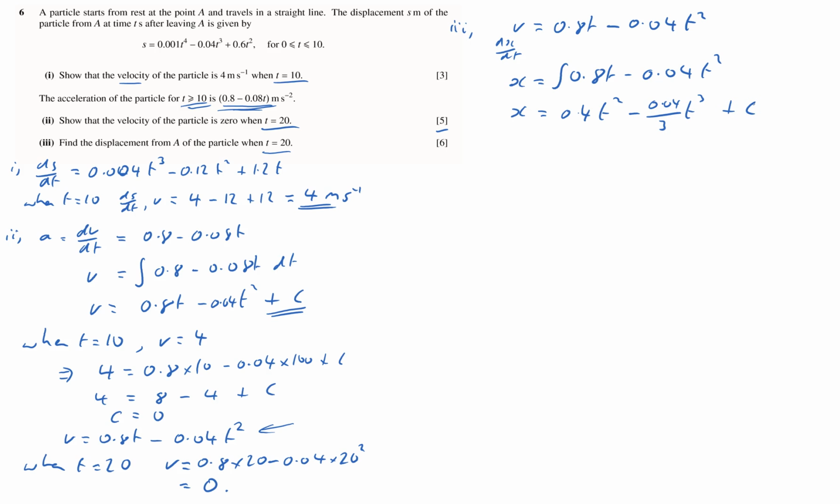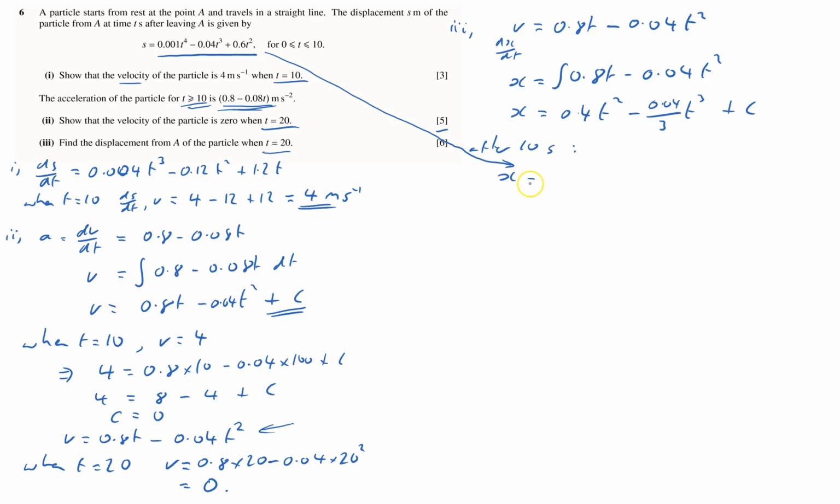And I need to find out what c is by putting in here, so I need to know that after 10 seconds, which is when I get this acceleration formula, after 10 seconds we need to find out what x equals. And so x, well in this case it should be s really, is given in this formula up here. So after 10 seconds, what do we get?